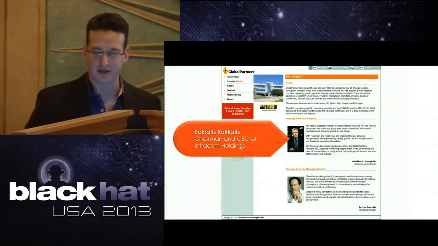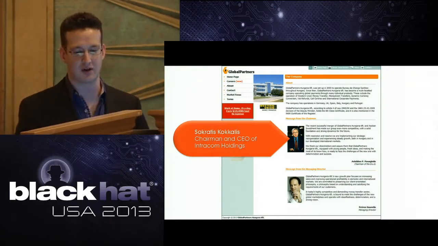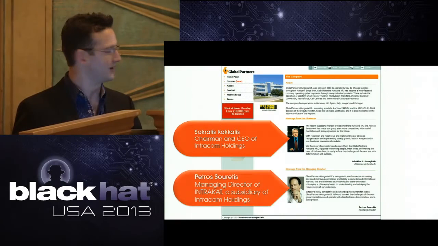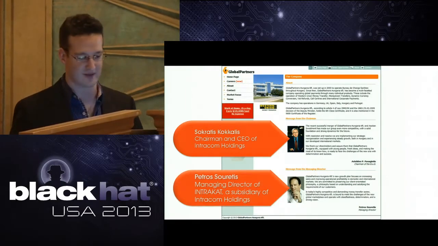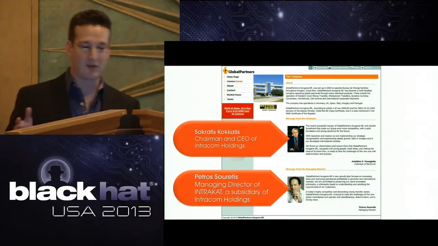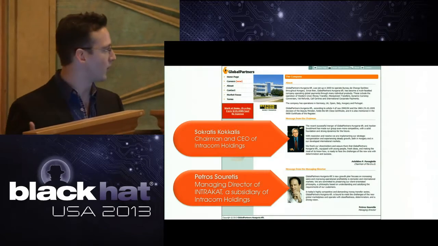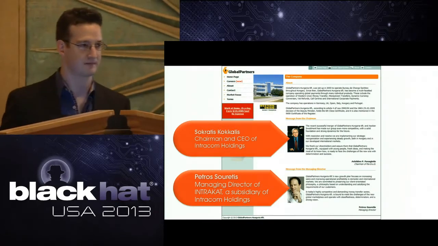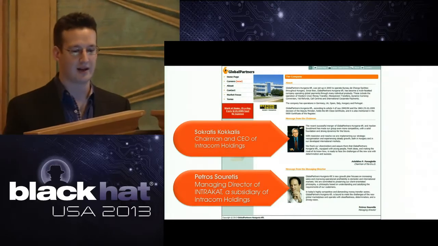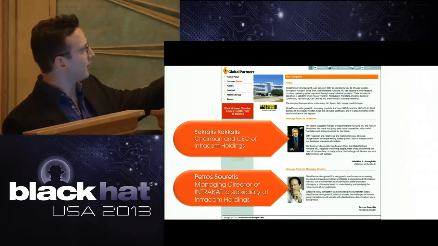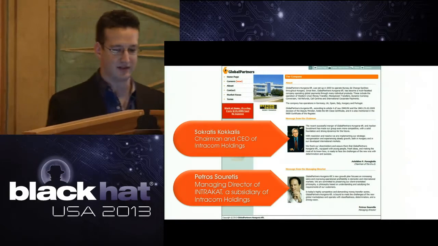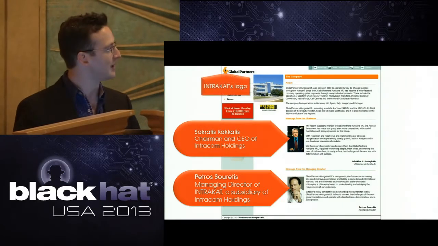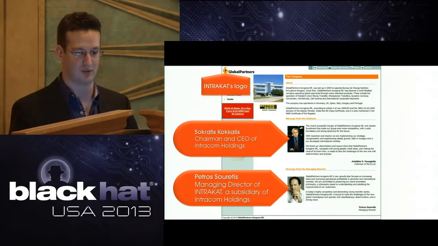Well, it turns out the real name of Petros Tsouratis is, well, it's Petros Tsouratis, that is his real name. But he doesn't really work for Global Partners KFT. He works for Intracat, a subsidiary of Intercom Holdings. What about the logo at the top, the logo for Global Partners KFT? Hard to believe, I know, but it is actually the logo from Intracat's website.